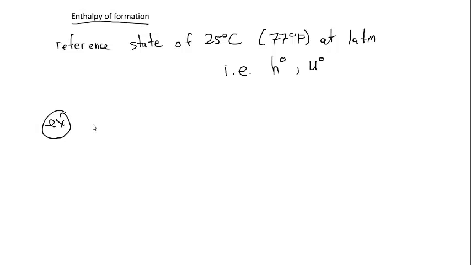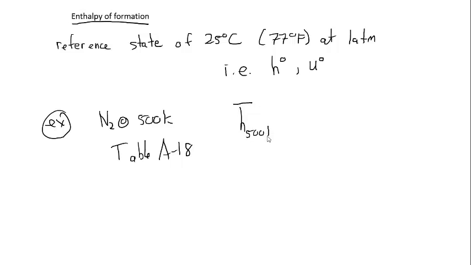So if you look at an example, nitrogen at 500 Kelvin, if you go to table 818, I want to find out what my enthalpy is, not the enthalpy of formation, but the actual sensible enthalpy at 500 Kelvin for nitrogen. You would find what the enthalpy is at 500 K. Again, all that little bar there means it's on a molar basis.